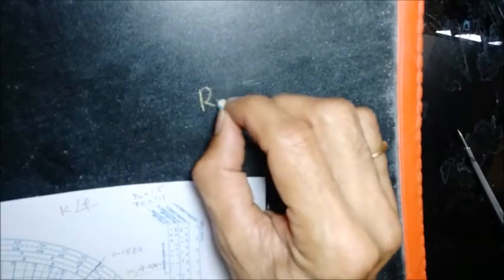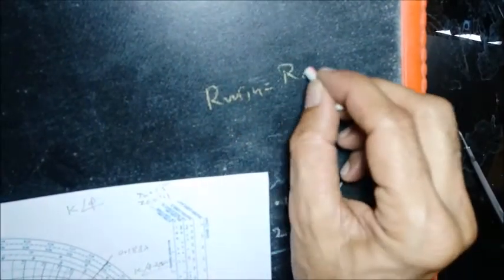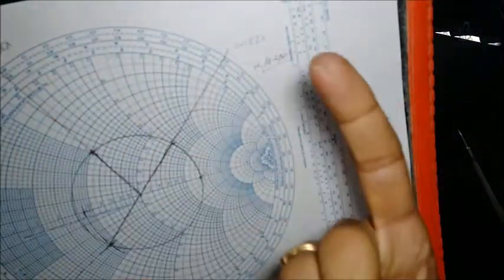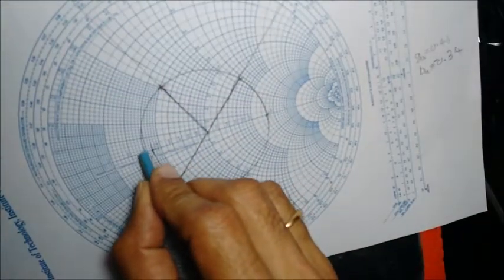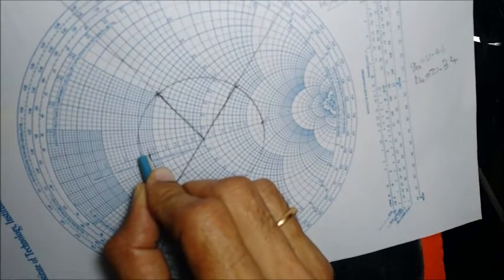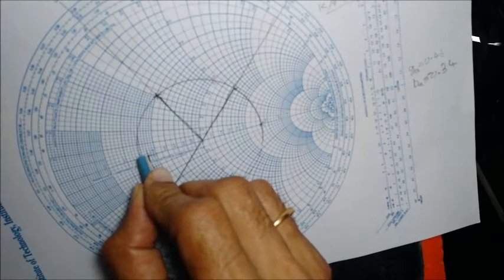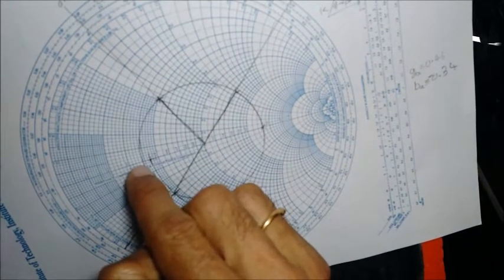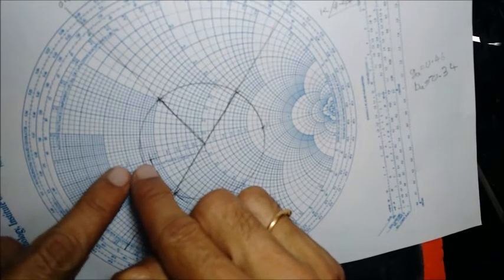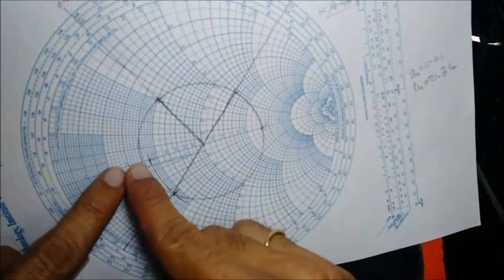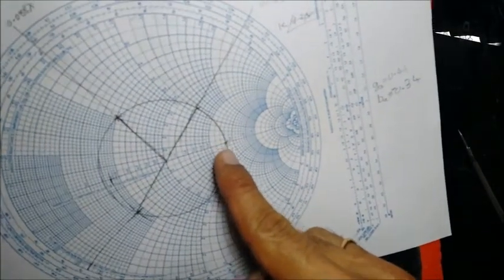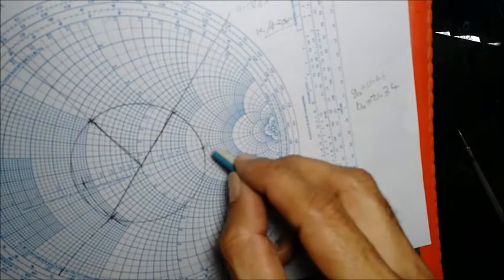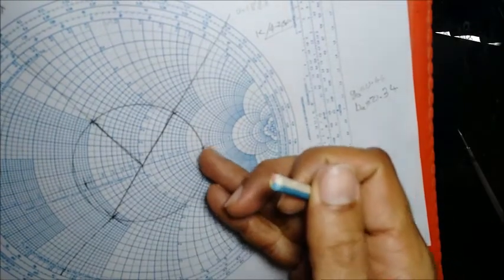And R min, as we saw earlier, is R0 by S. And on the Smith chart, R0 is 1 because everything is normalized with respect to R0, which means that the resistance, the impedance you read out here is actually 1 by S. And this also tells how we can measure S from the SWR circle. And the resistance you measure here is R max, that is R naught into S, and R naught is 1, which means that the resistance you measure here is S. That is how RA became S.